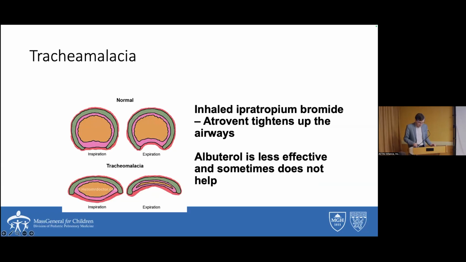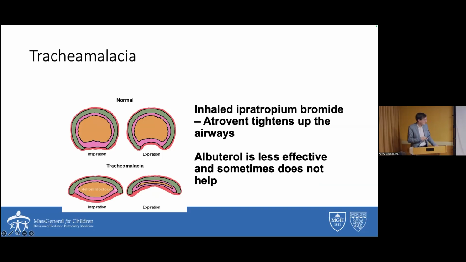When you think of airways, because it's smooth muscle, it gives you an opportunity you don't normally think of. Normally you go to the doctor and they give you albuterol, and the purpose of albuterol is to relax the smooth muscle. In this case, you don't want to relax the smooth muscle, you want to tighten it up.